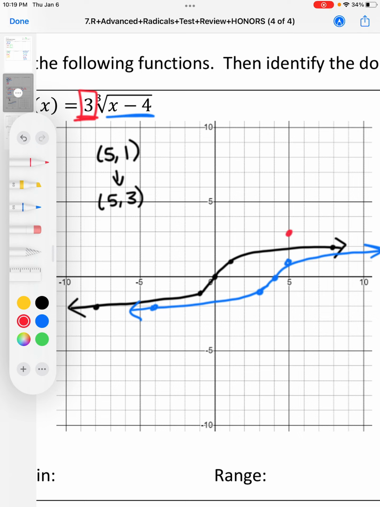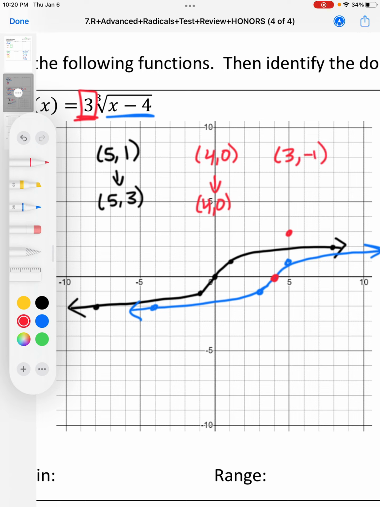Okay, I have this new point here at (4, 0). If I was to times my y value by 3, it's still going to stay at (4, 0). Okay, the next point I have is at (3, -1).